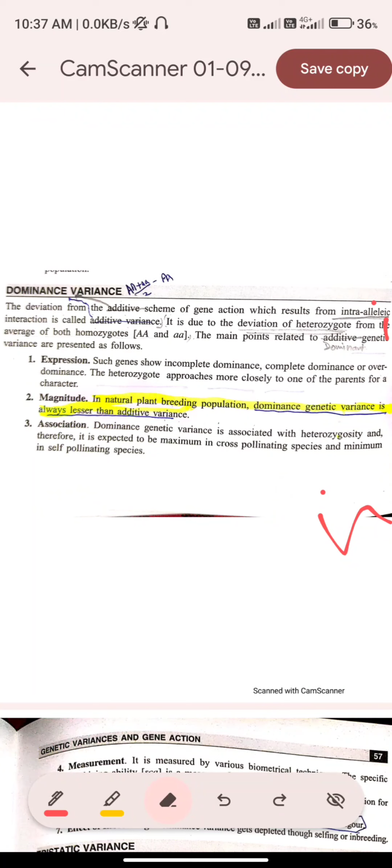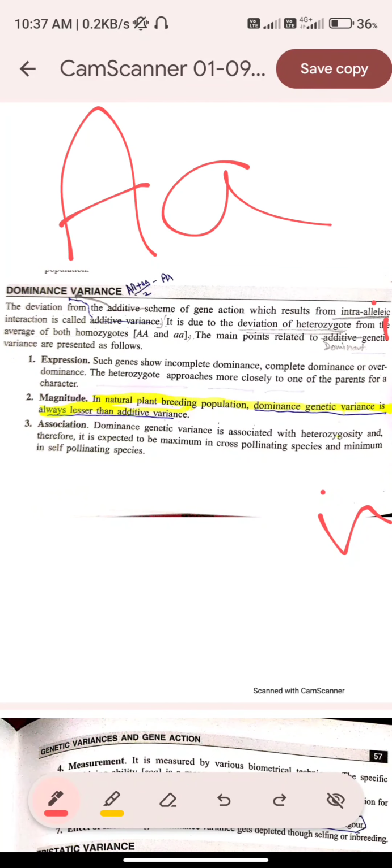Now association. The dominant genetic variance is associated with heterozygosity, and therefore it is expected to be maximum in cross-pollinated species and minimum in self-pollinated species. What is the reason for dominant genetic variance? It is due to heterozygosity.